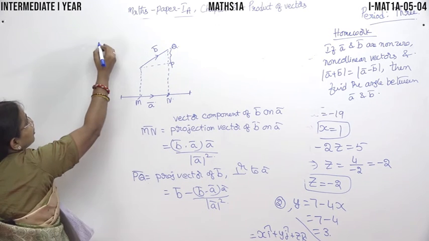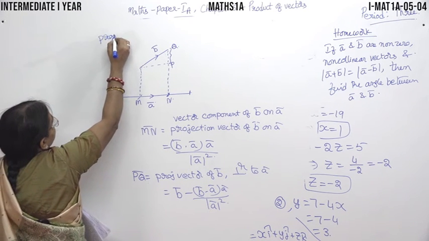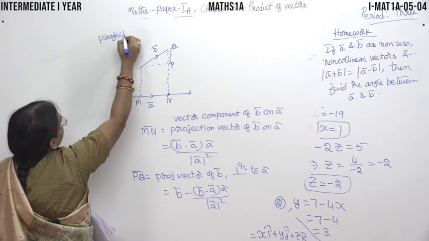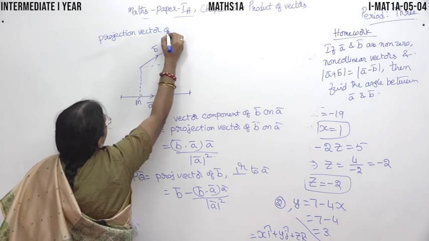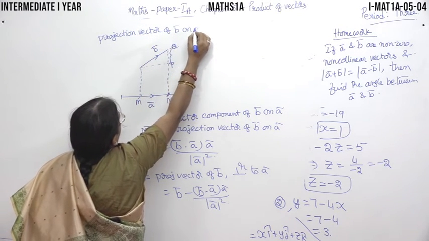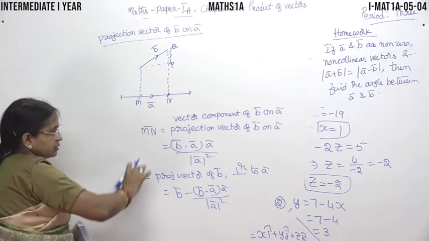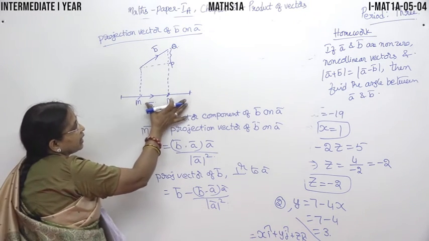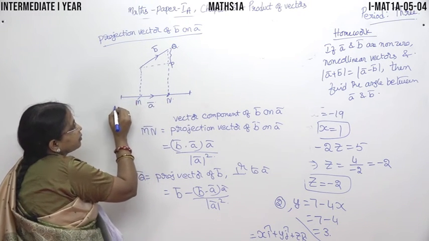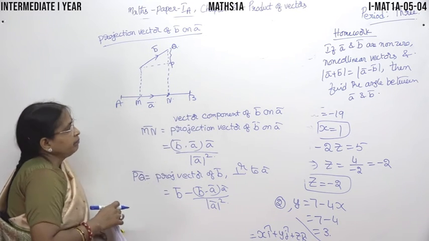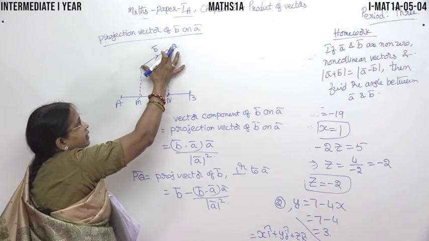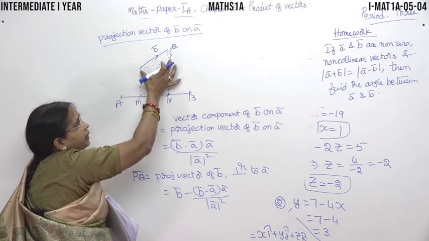So the next topic is projection vectors. Projection vector of B on A. This is the formula. Suppose that AB is the vector A, the whole thing is vector A, and this is vector B. Then draw perpendiculars.